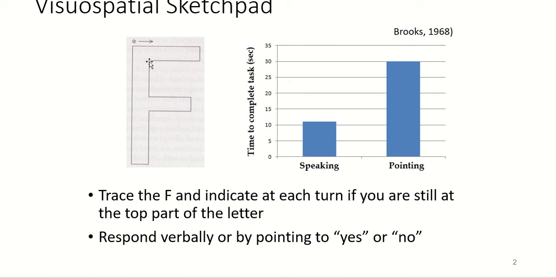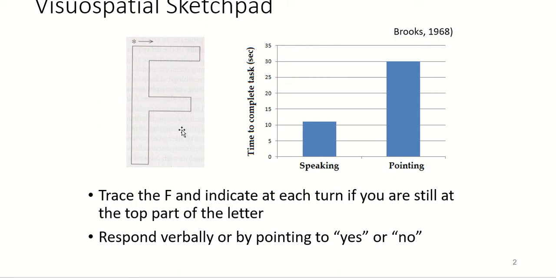You go to this corner, you still say yes. Now you travel down here and you would say no, no, no, no, no, no, yes, yes, yes, yes, no, no, no, and so forth. So that's the task. People have to do this mental task, this visuospatial task, and then give these responses.